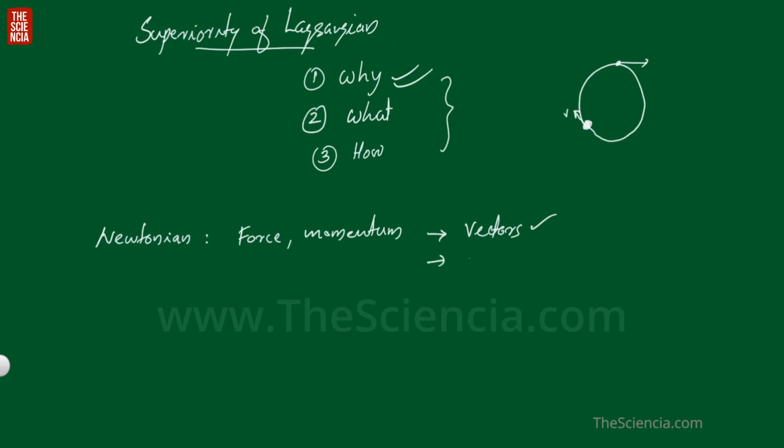Another one is we can't avoid constraint forces. So what is this problem? We have to take all the coordinates to solve a problem, and it is restricted to some coordinate systems.